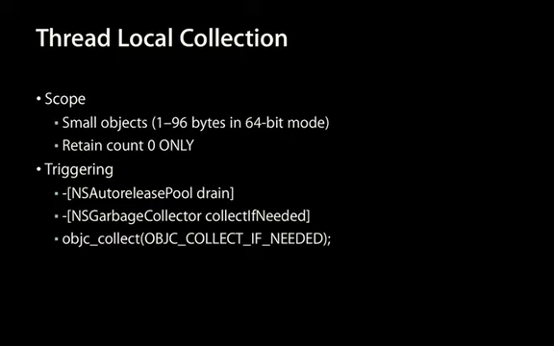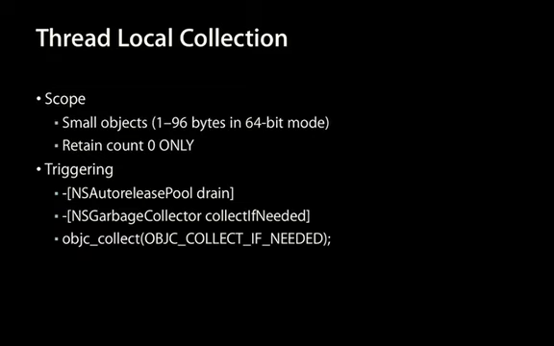So the thread local collector, or TLC for short, so I don't trip over it too much, works best if you trigger it explicitly. If you happen to know there are some objects that are ready to be collected, then you can use one of these APIs. You can use the autorelease pool API. That works great if you're writing code like, well, a System Preferences pane, for example, which needs to be retain/release in 32-bit and 64-bit GC.